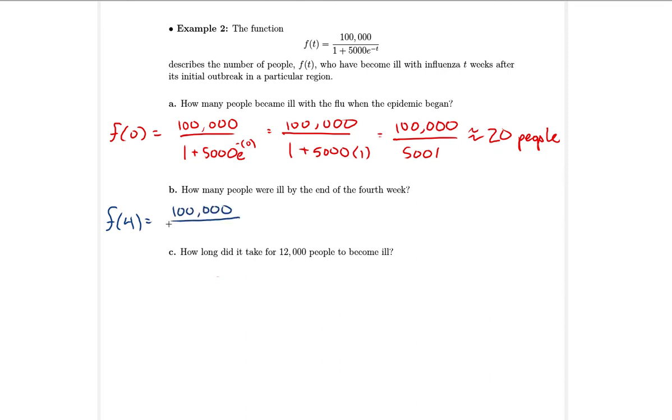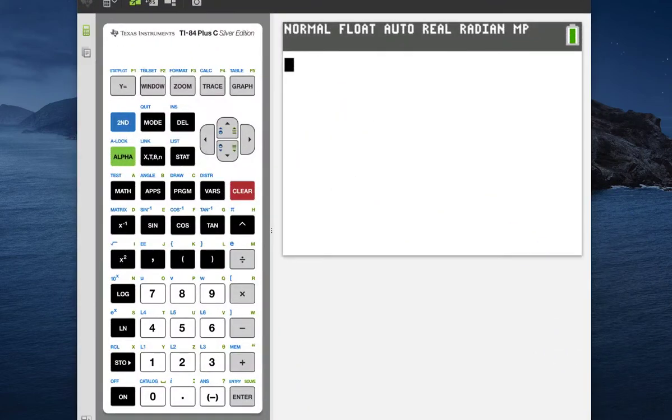Now the thing that's definitely worth saying about this is that it makes a lot of sense, since e to the negative 4 is not going to be a nice number, to just type this in your calculator as is. But please remember that you've got to be careful about how you use your parentheses. So when you go to type this in, 100,000 divided by, you can't just type in 1 plus 5,000 here.